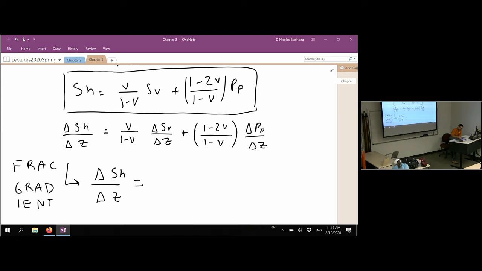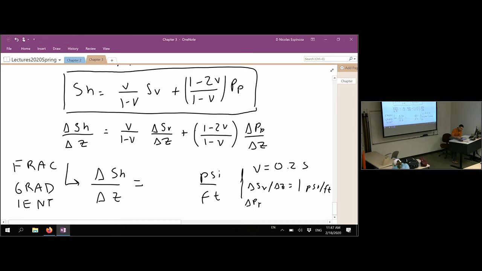The Poisson ratio is 0.25, and we're going to use the typical lithostatic stress gradient and the typical hydrostatic pore pressure gradient.